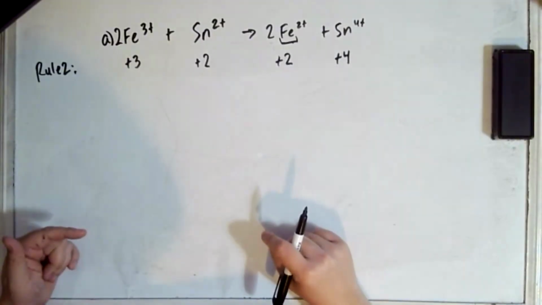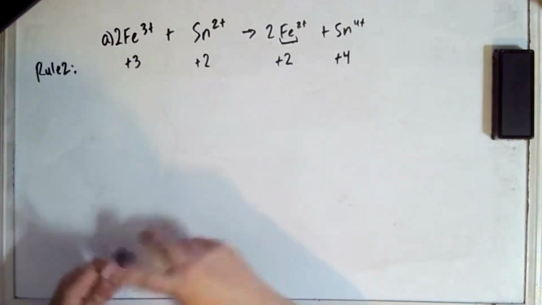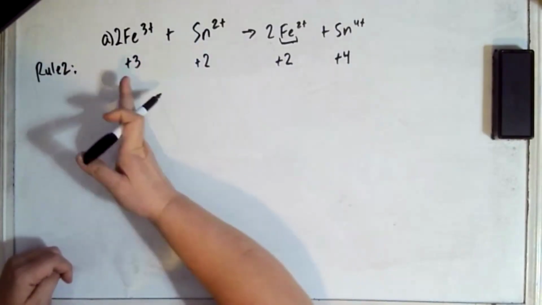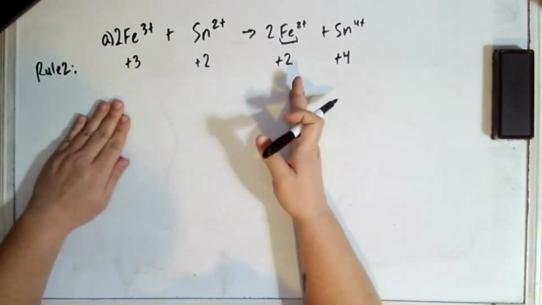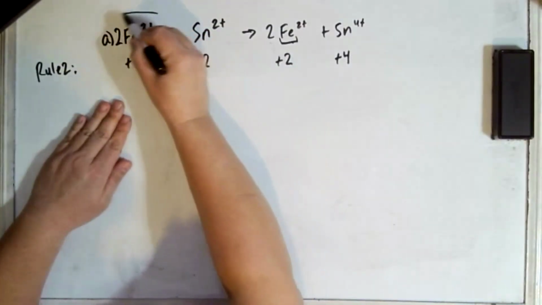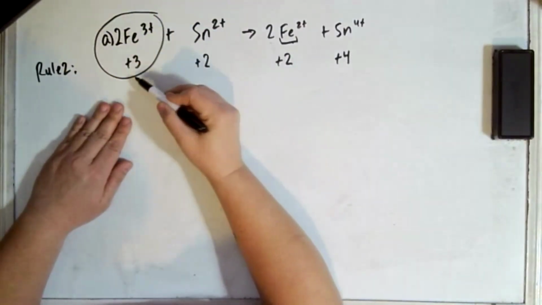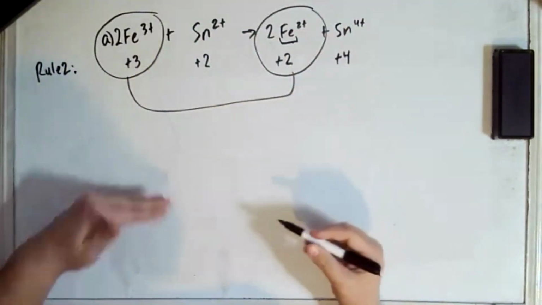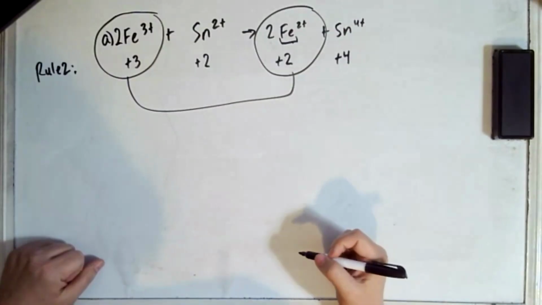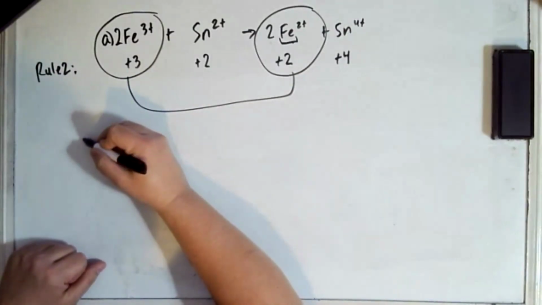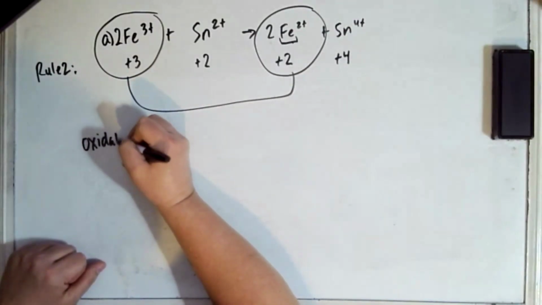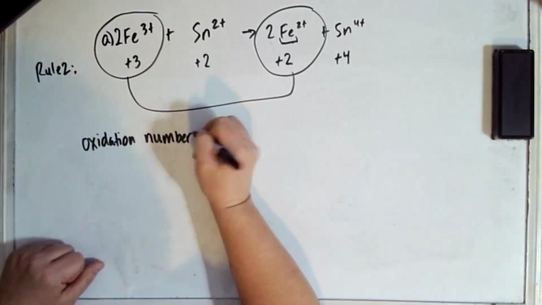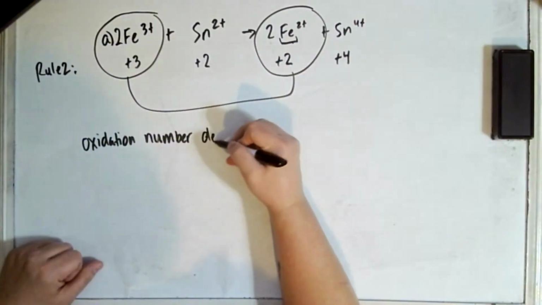Watch what happens when we look at the oxidation numbers and track the changes here. You're going to track the same element on both sides of the reaction. So here, my iron went from +3 down to a +2. My oxidation number decreased.